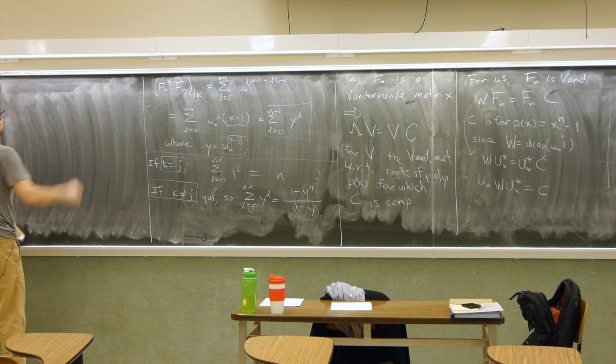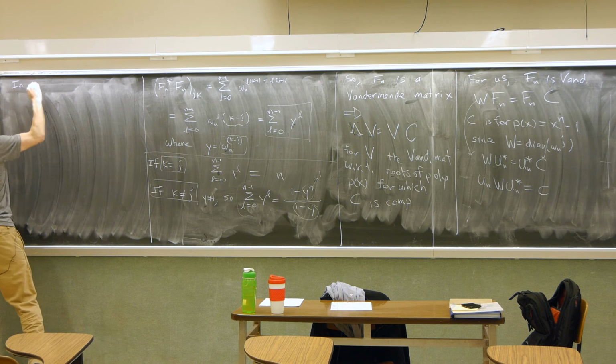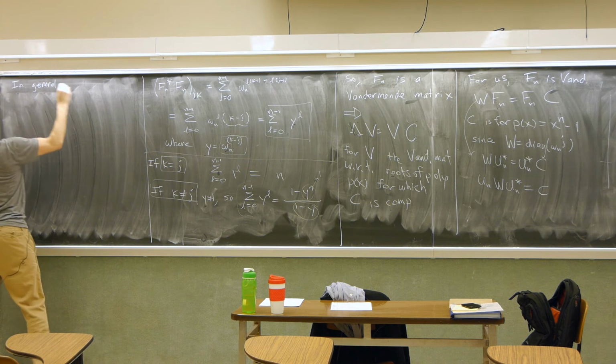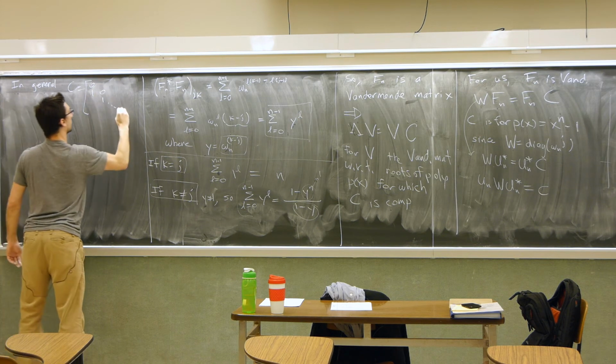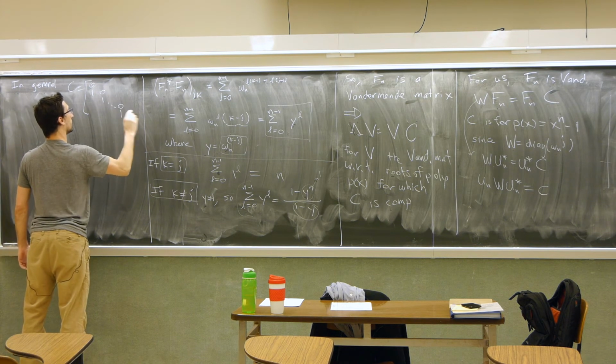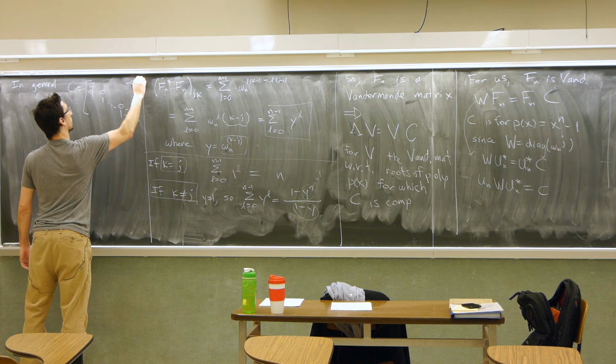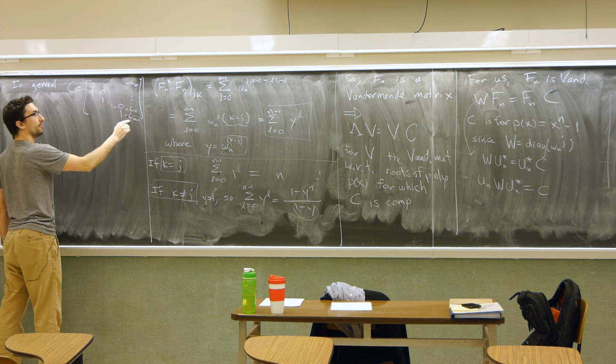The companion matrix is highly structured. In general, a companion matrix looks like this, for some polynomial coefficients here.